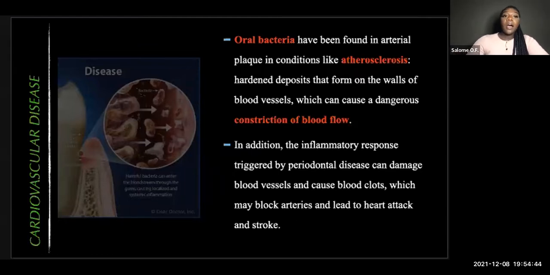And then, of course, you have constriction of your blood flow and many other things like blood clots. And then these things lead to heart attack and stroke. And it's all because you have a gum disease that you haven't been able to take care of. You have this systemic condition, and they're working hand in hand. But I'm not going to go too much into detail with cardiovascular conditions, because I'm not a physician.